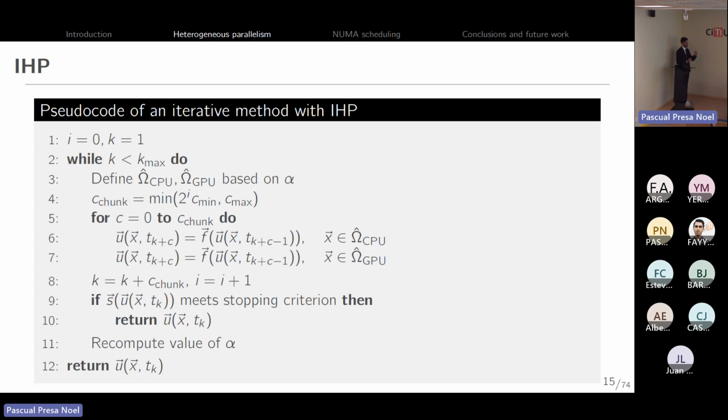Si sabes que tu CPU y tu GPU son muy estables y que la estabilidad numérica de tu algoritmo no requiere intercambiar datos muy a menudo, puedes meterle un C máximo larguísimo y dejar que el algoritmo se ejecute tranquilamente. O si sabes que tienes dispositivos, por ejemplo en la nube, donde hay iteraciones que van súper rápido y otras súper lento, tienes que tener un C máximo muy pequeñito para, en cuanto pasa algo, rebalancear.